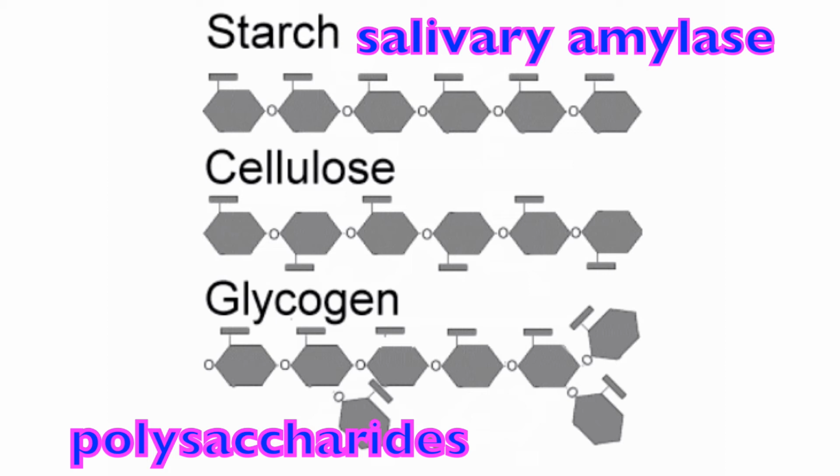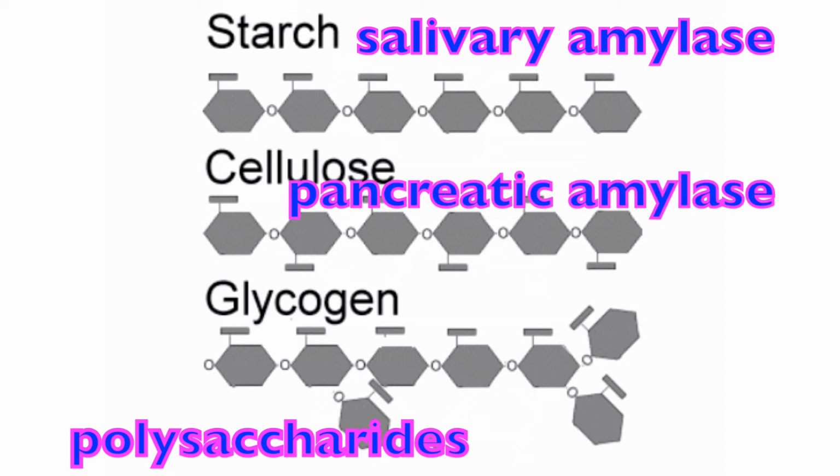Fortunately, when these polysaccharides enter the duodenum, there's another amylase from the pancreas secreted into the duodenum, the pancreatic amylase, that continues the breakdown of these polysaccharides. Once they're broken down into their monosaccharides, they can be absorbed. If they're broken down into disaccharides, then those aforementioned disaccharidases will break down sucrose, lactose, or maltose.